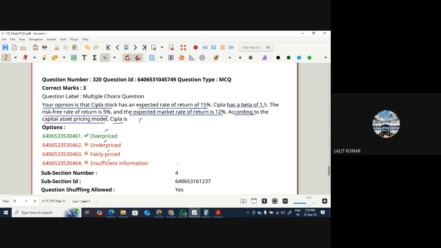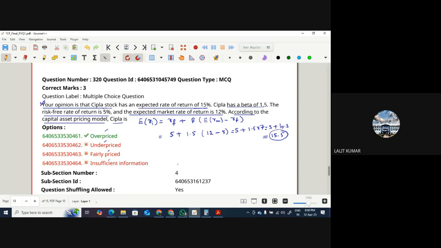We calculate the expected rate of return, which is given by the formula ERi is equal to RF plus beta into expected market rate minus RF. RF is 5%, beta is 1.5, market is 12 minus 5. So this becomes 5 plus 1.5 into 7, that's 5 plus 10.5, which is 15.5. Now this is your expected rate, and your opinion rate is 15%.